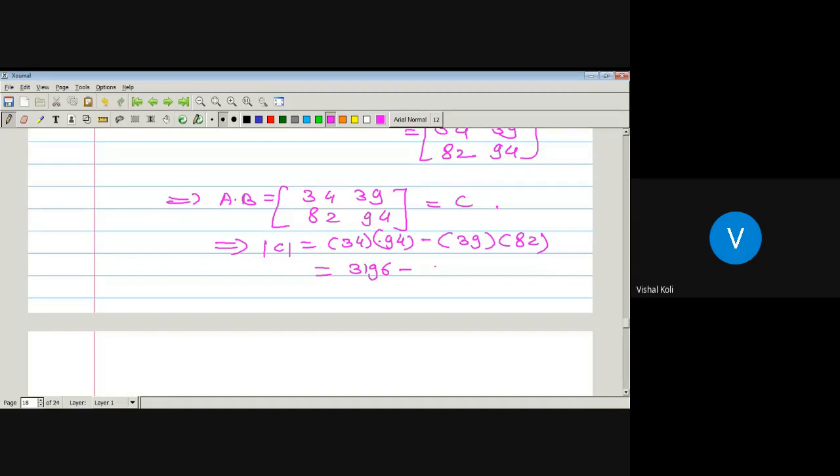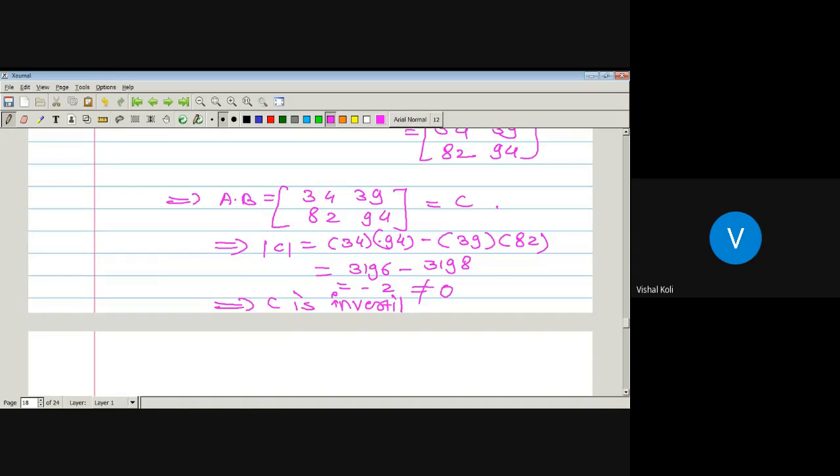What is 39 into 82? 3198. So 3196 minus 3198 is minus 2, which is not equal to 0, which implies C is also invertible.